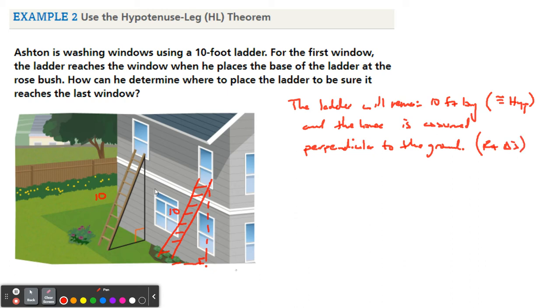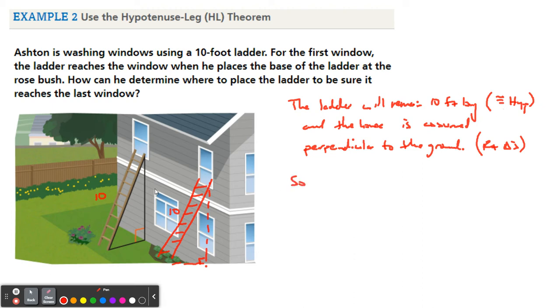So how can you be sure that the ladder is going to reach the last window? Well, we want to make sure it reaches the same height as the first triangle, right? We want to make sure that this vertical leg is the same as that vertical leg. So we have congruent hypotenuses in right triangles. We need a pair of congruent legs.